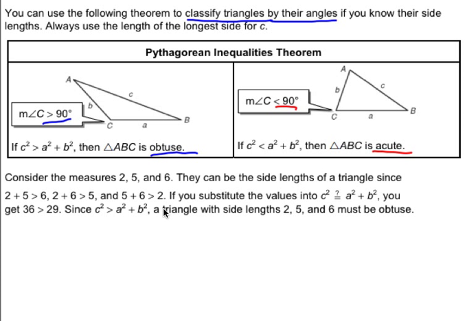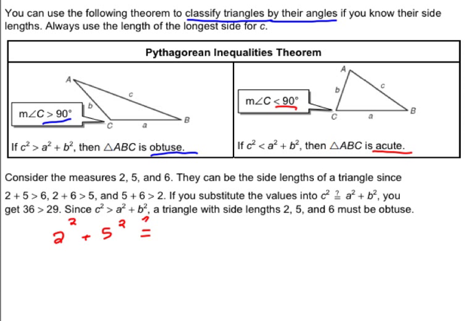That's our first step. And then what we have to do is go ahead and plug our values into the Pythagorean theorem to see what it identifies. So in this case, we're going to take the 2 smaller sides as our legs and the larger side and make that the hypotenuse. So 2 squared plus 5 squared, and then we don't know what it's going to equal.